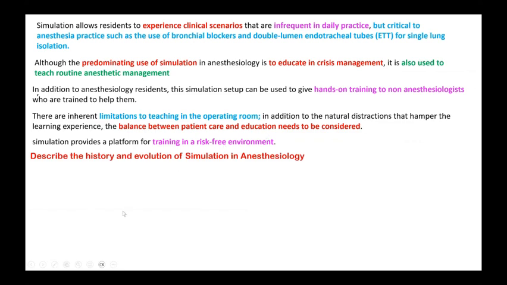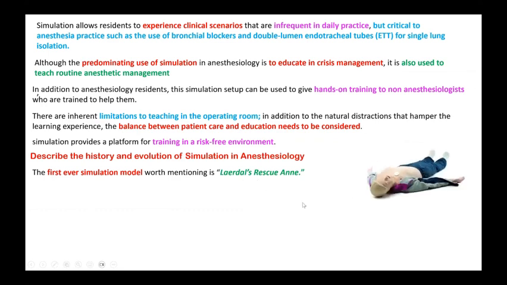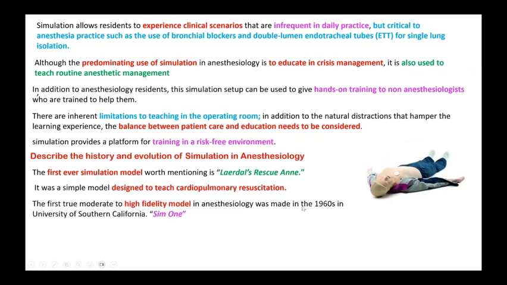And how the mannequin and this simulator's history evolved: the first ever simulator was called the Laerdal's Resusci Annie. So it was like this. You can see it is a rubber human-like model, and it is used mainly for CPR training. It was simply designed to teach cardiopulmonary resuscitation.